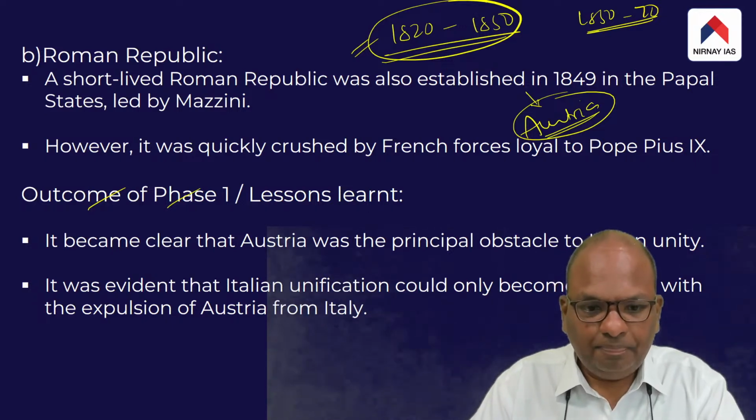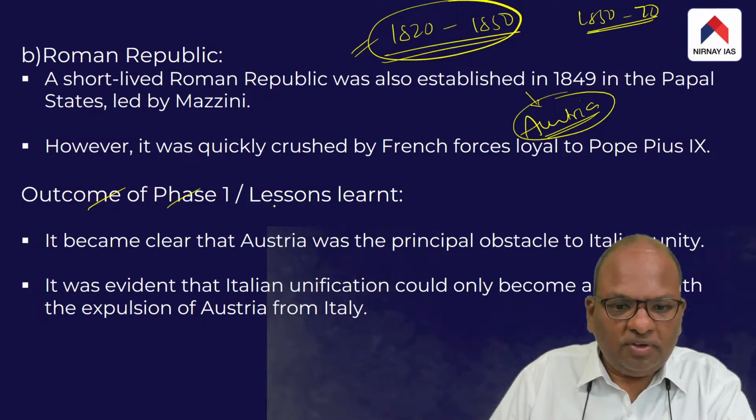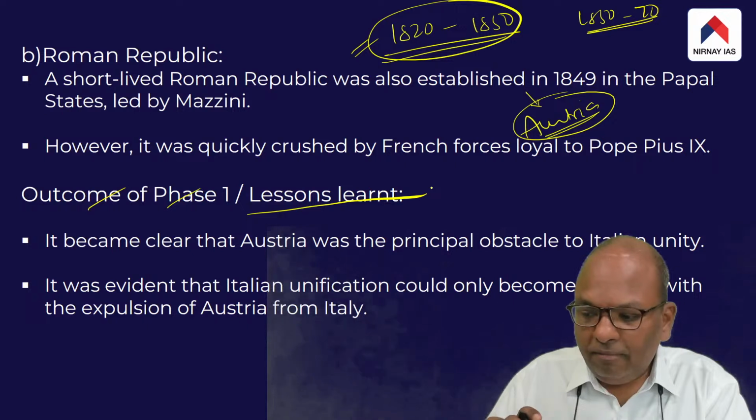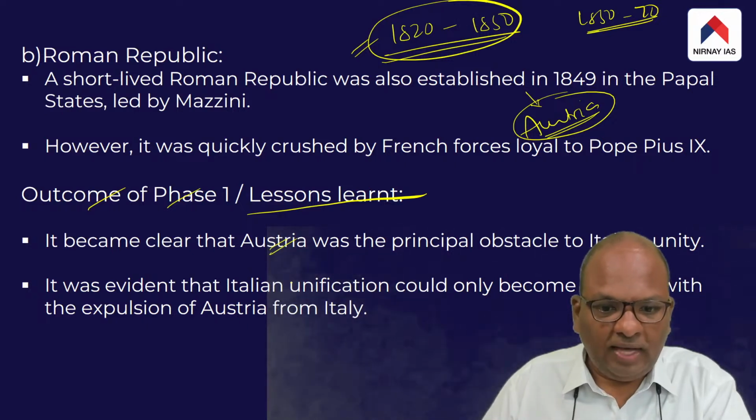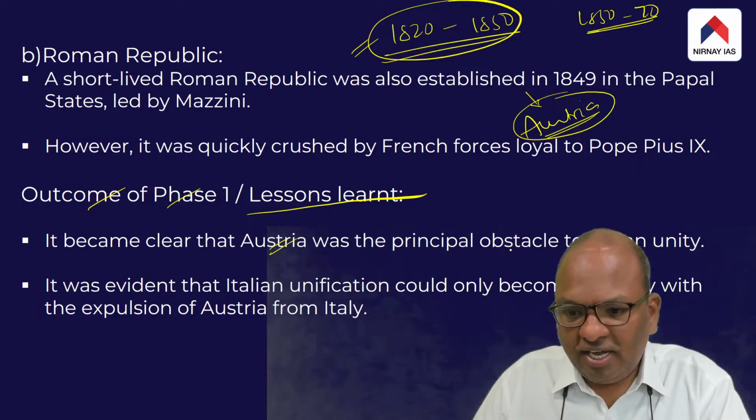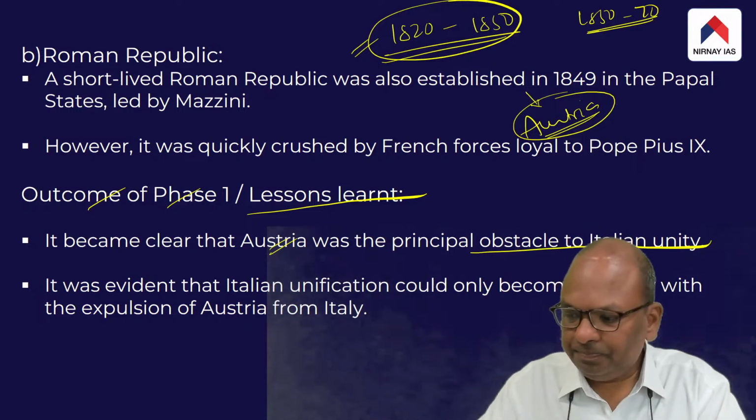So basically, what was the outcome? What were the lessons learned in the first place? It became very clear to all that Austria was the principal obstacle to Italian unity.